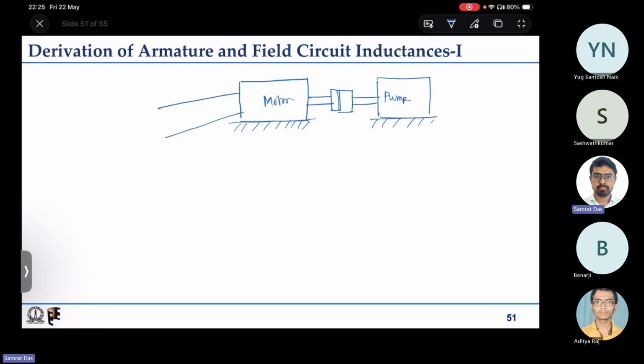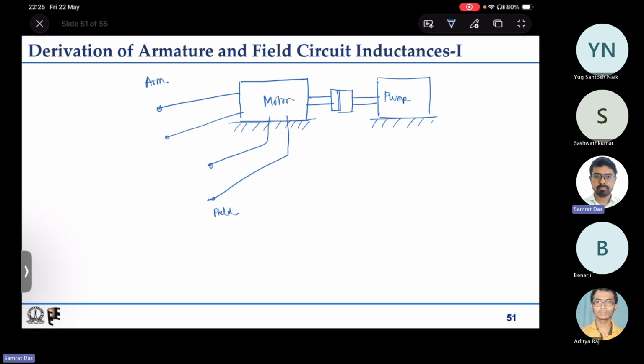We have two windings: this is the armature, and this is the field. So we have two sets of winding. Now what can we do? We want to find the inductances.